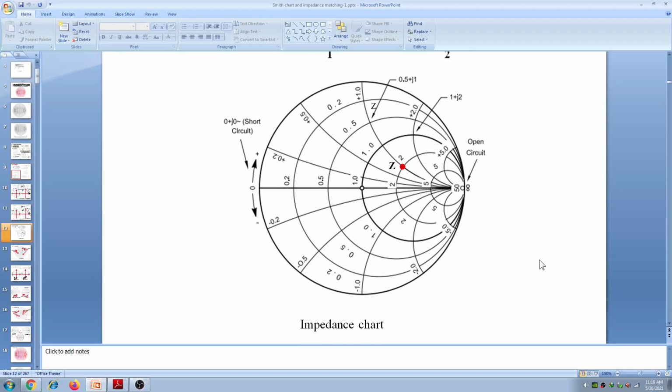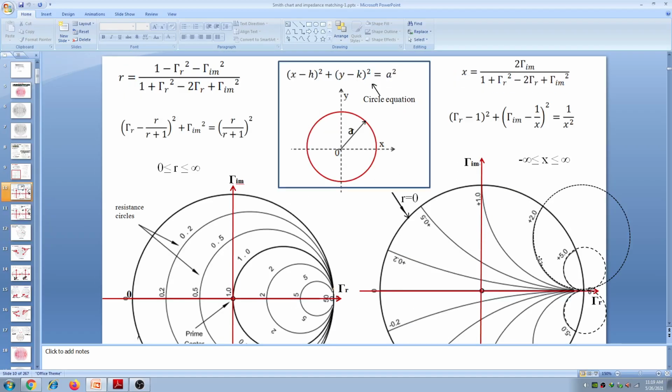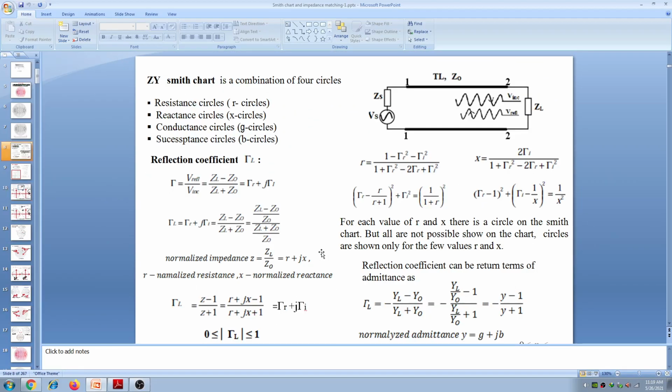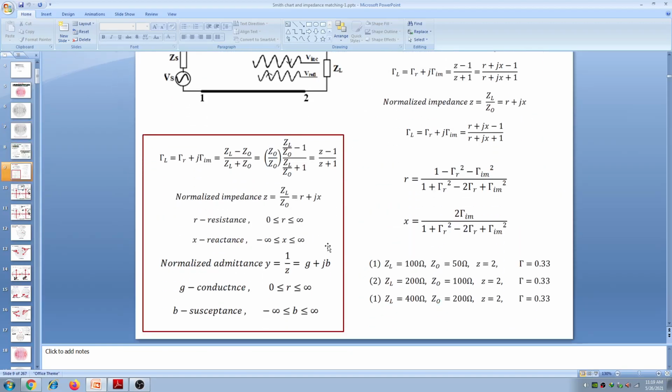Now if you take 1 over the impedance, we get the admittance. 1 by z is the admittance, that is g plus jb. Many times we come across admittance.